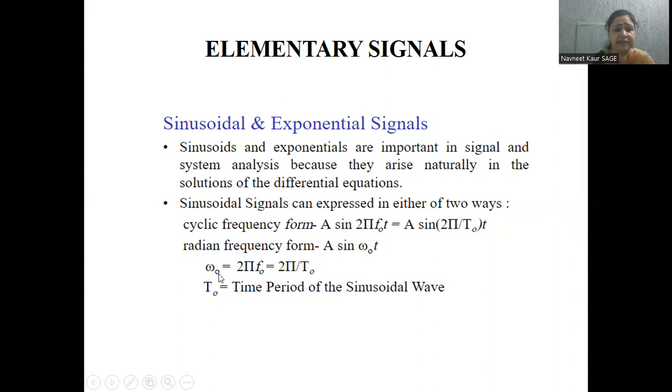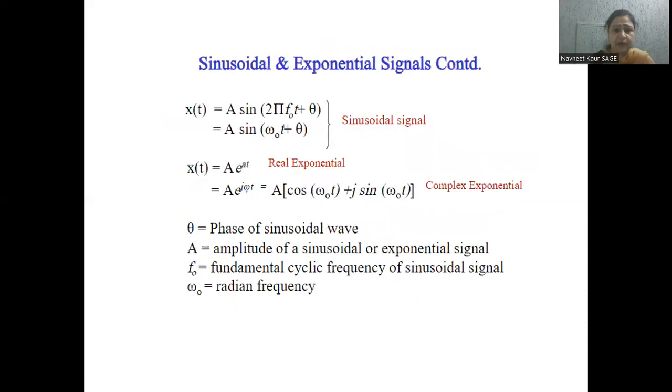Here the radian frequency omega naught is given by 2 pi f naught, or it is also written as 2 pi upon T naught, and we have already discussed T naught is the time period of the sinusoidal wave.